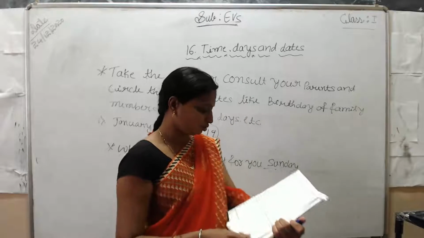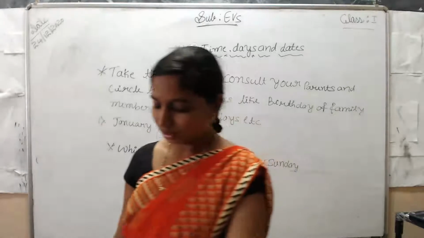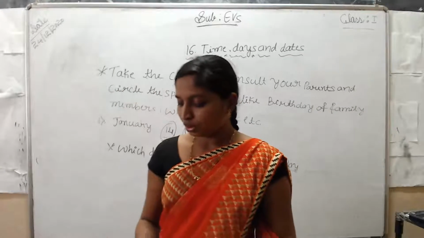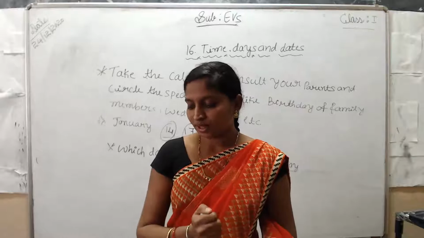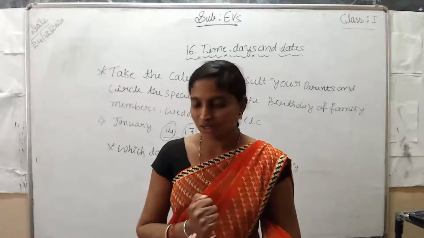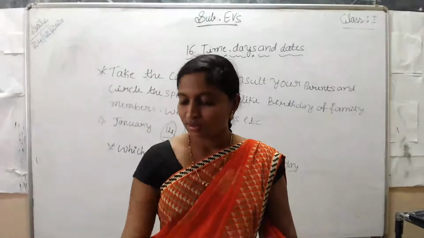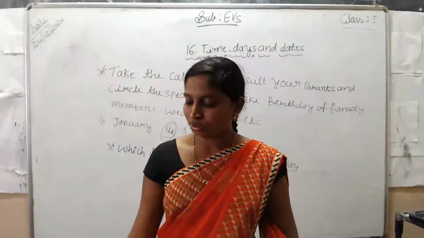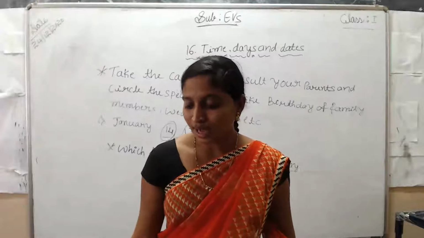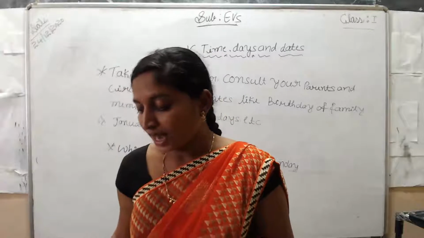From Monday to Saturday, you have to note the activity that you like to do on each day. Write it yourself. See students, I hope you all understood today's class. This is time, days and dates.